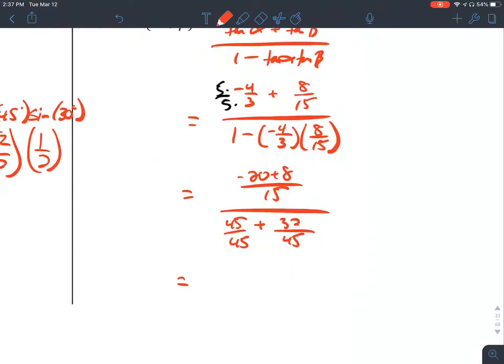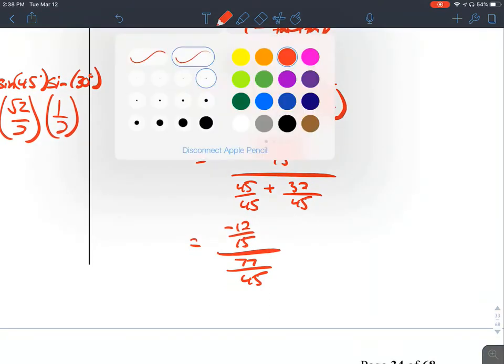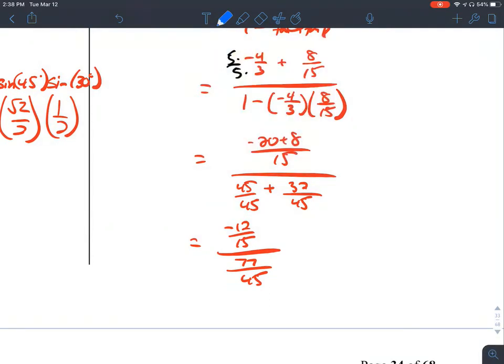So continuing, I'm going to get -12/15 divided by 77/45. This is a complex fraction, people. One thing I can't stand is a complex fraction. I'm going to multiply this by 1 in the form of 45 over 45.